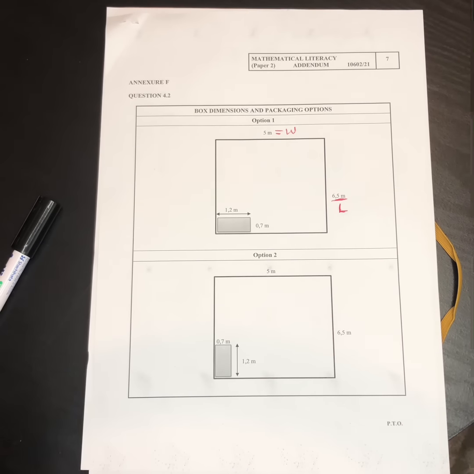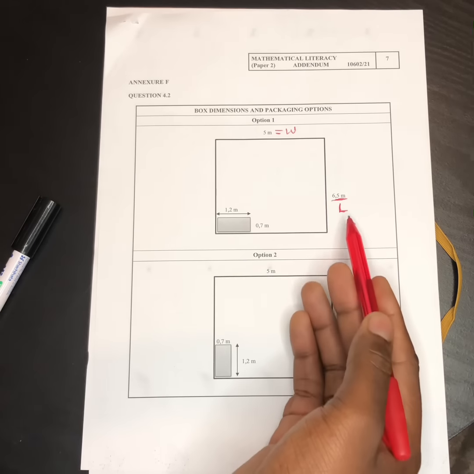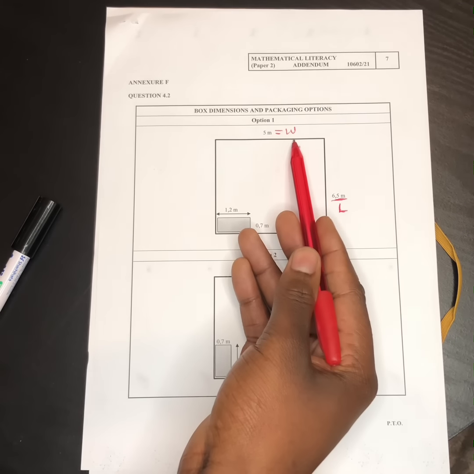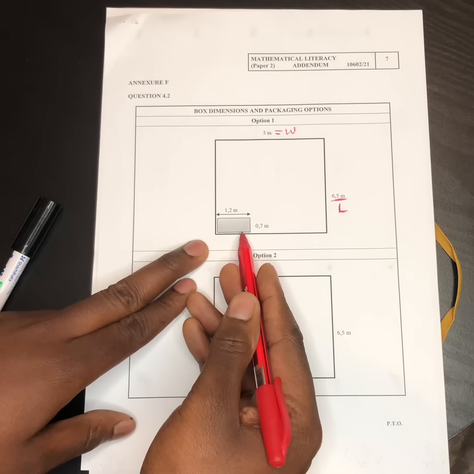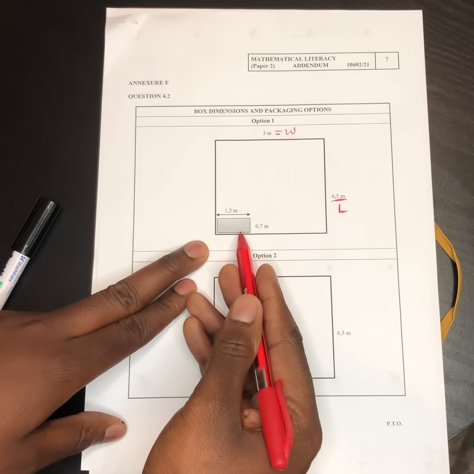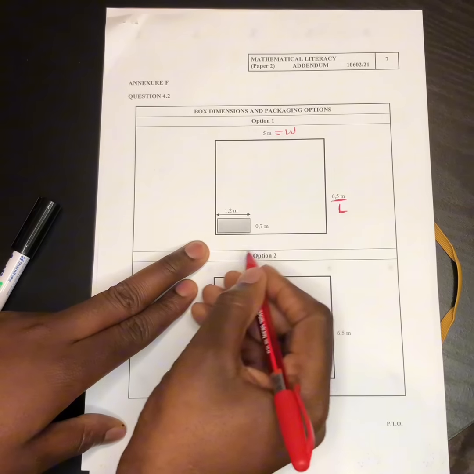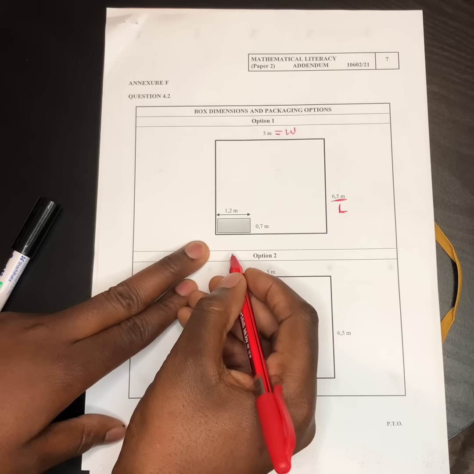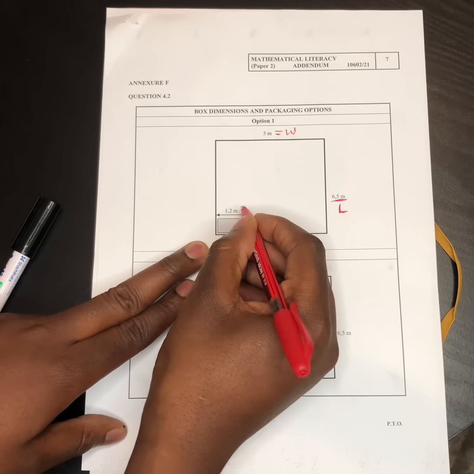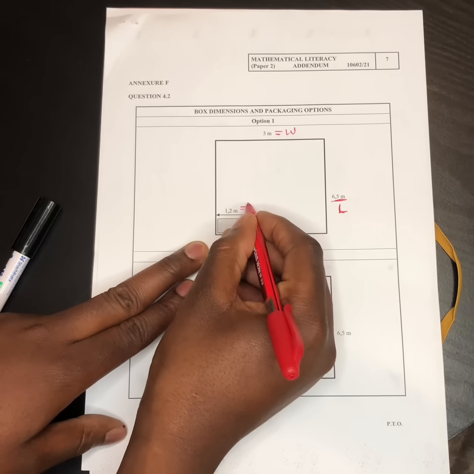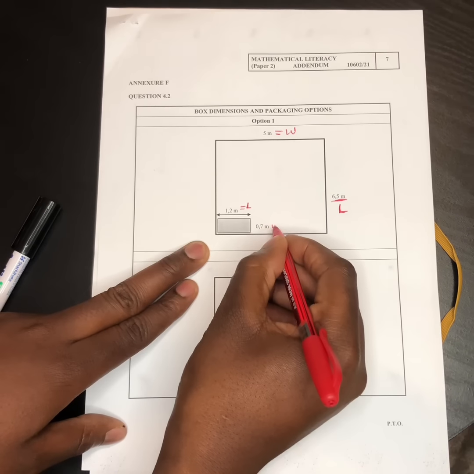When we talk about the room, this is our length, this is our width. So when we look at the box inside this room, the longest side is 1,2 meters. This is going to be our length. This is going to be our width.